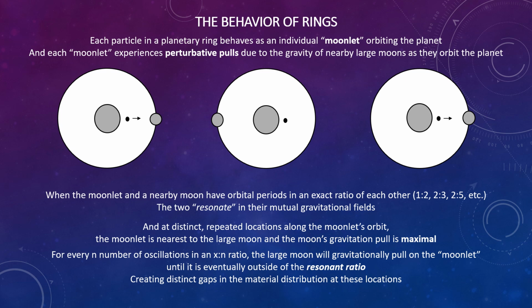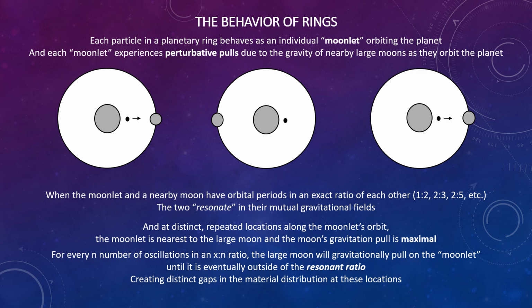So when a moonlet and a nearby moon have orbital periods in exact ratios to each other, that is, one orbit for the moonlet and two orbits for the moon, or vice versa, they have resonance in their gravitational pulls and gravitational fields. And so at repeated locations along the moonlet's orbit, the moonlet is going to experience a maximal gravitational pull.